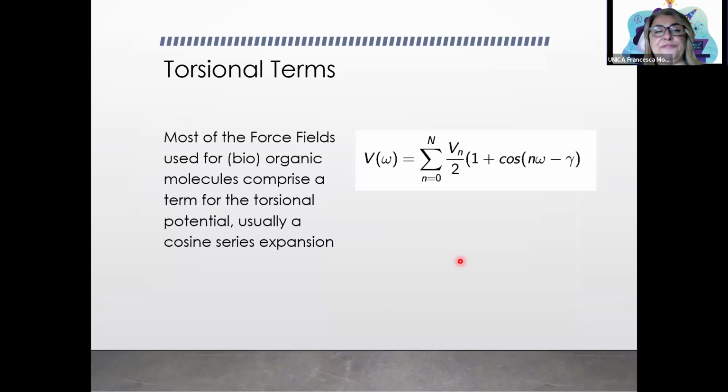Most of the force fields that are used for bioorganic molecules, and therefore for nucleic acids, comprise a term for the torsional potential that is formed by a cosine series expansion, as shown by this equation.